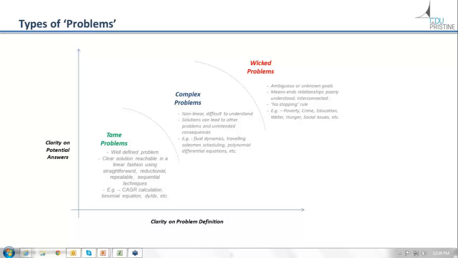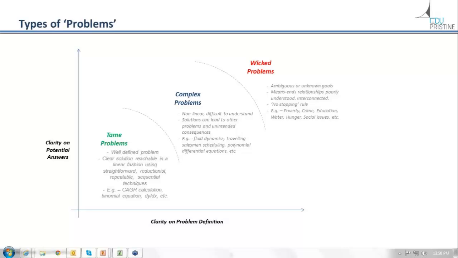Probably a complex problem has two parts. One is the ambiguous assumption that you make, and the other is the tame calculation that you're going to do. So for example, in a complex problem, like let's say a revenue estimation, there would be an ambiguous part called the growth rate, the assumption on growth rate.